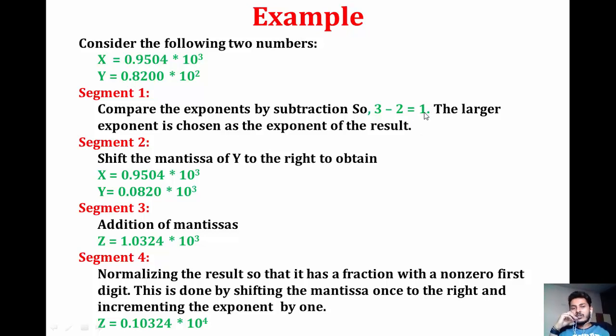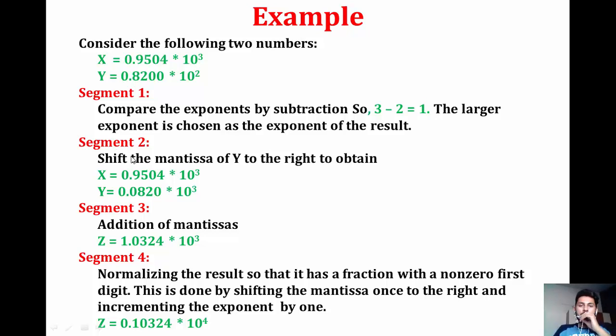The larger exponent is chosen as the exponent of the result, so 3 will be the exponent of the result. In the first segment, it will simply compare the exponents. In the second segment, we need to align the mantissa, to equalize the exponent value.